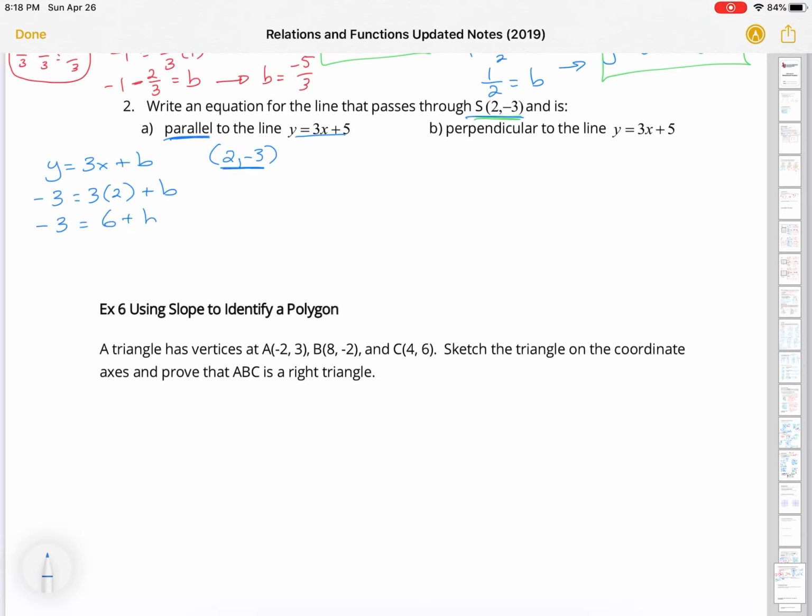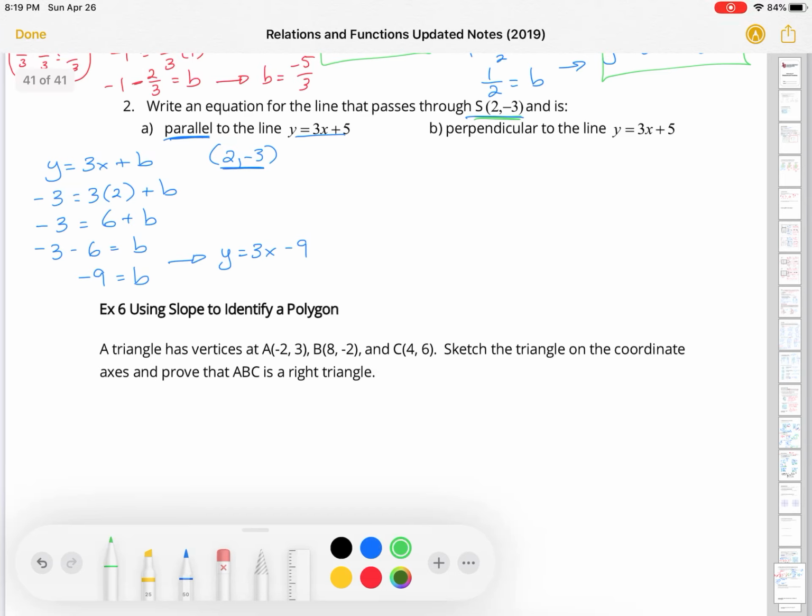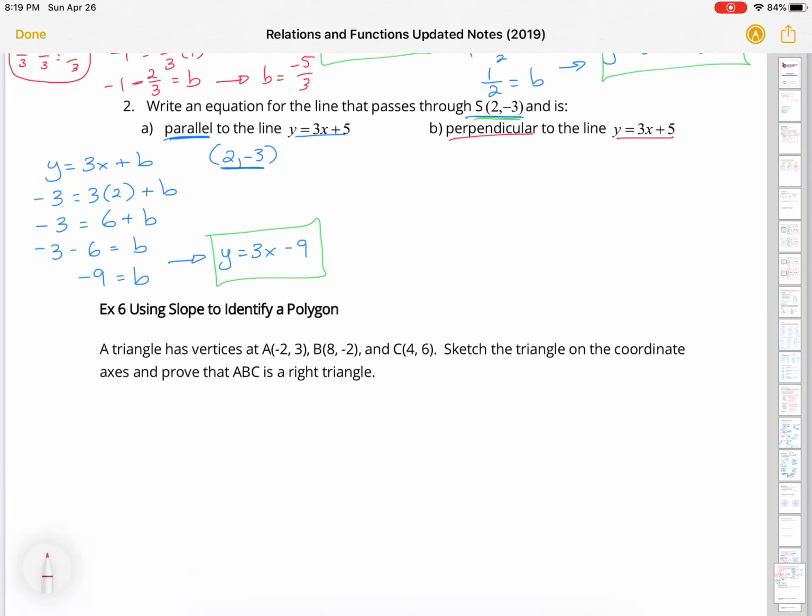All I'm doing is substituting in this point into the equation. So negative 3 equals 6 plus b. I move the 6 over. Negative 3 minus 6 equals b. So b equals negative 9. So if I'm writing my equation, it's y is equal to 3x minus 9. And we'll put that in a nice pretty box.